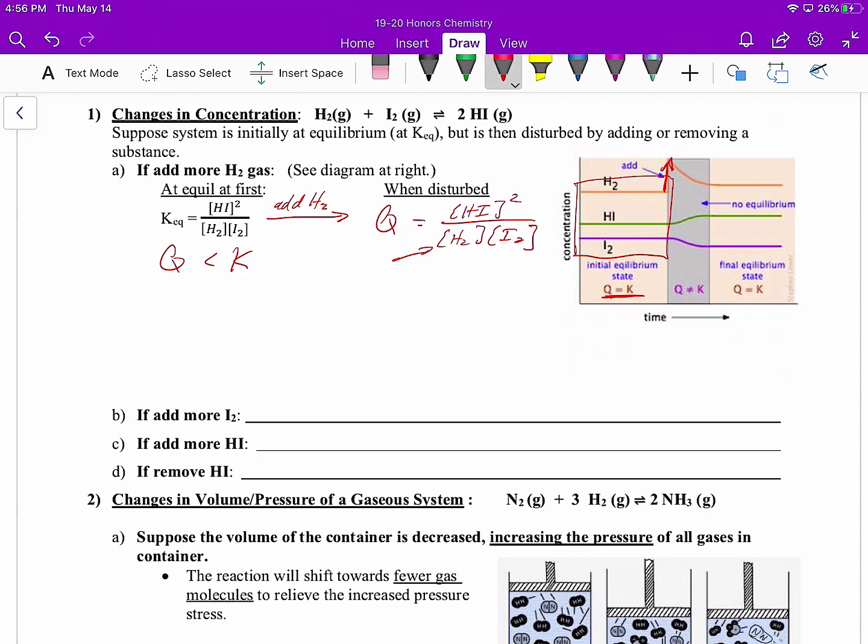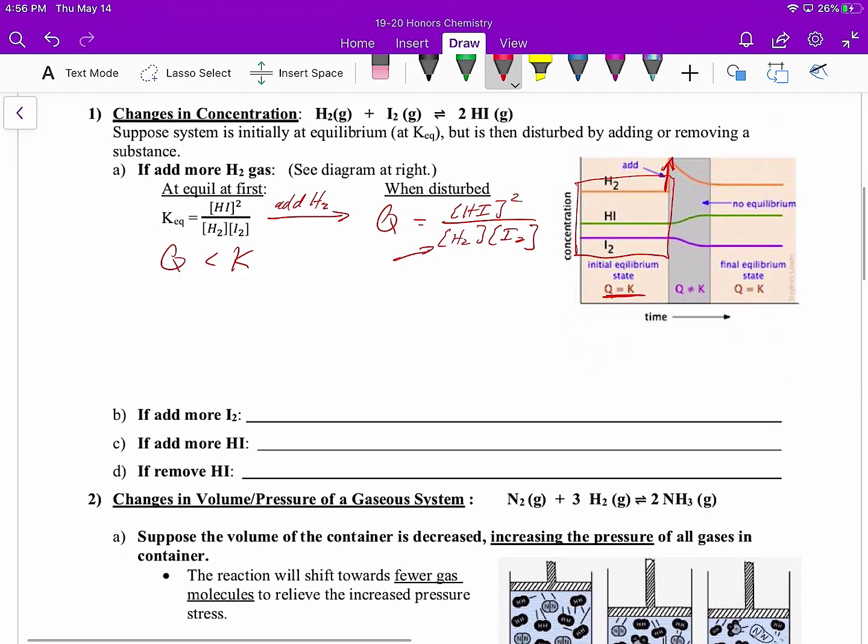So if you're not at equilibrium anymore, the reaction is going to respond in a way to get back to equilibrium, to undo what you just did. If you added H2, in this case, H2 is a reactant. So if you added a reactant, the reaction is going to shift to try to get rid of that reactant.